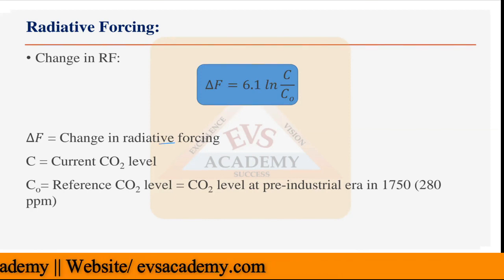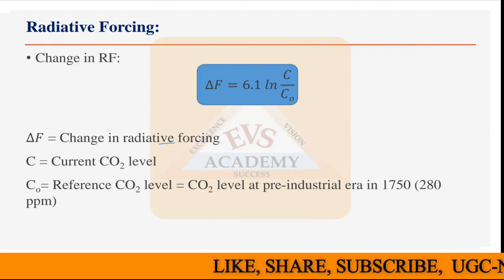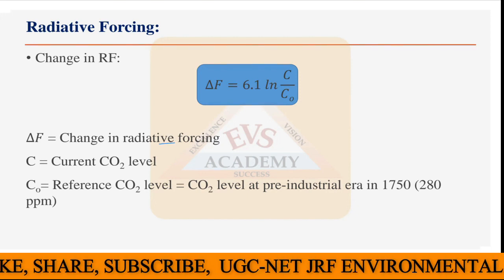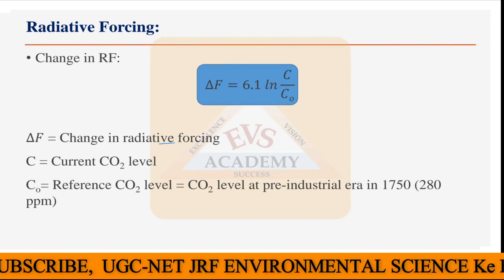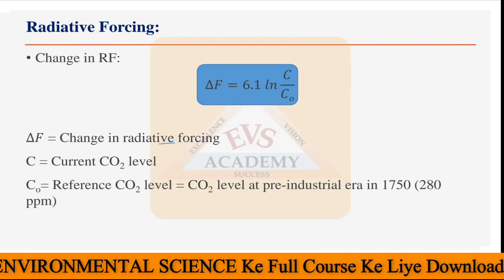So the same thing is written here. The value of C naught is also fixed, and the value you have to put is 280 ppm. So I hope this formula and the previous formula are both clear to you. This question is asked multiple times in the examination, so we will cover it right now.